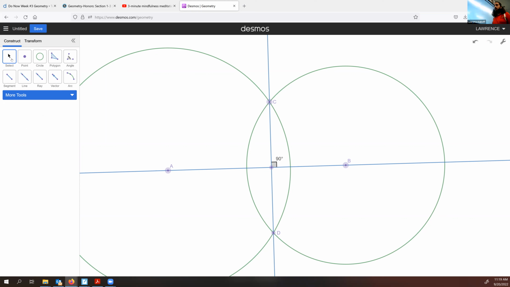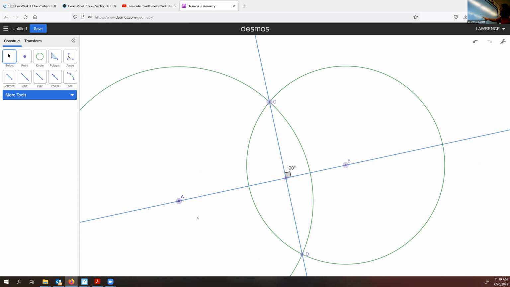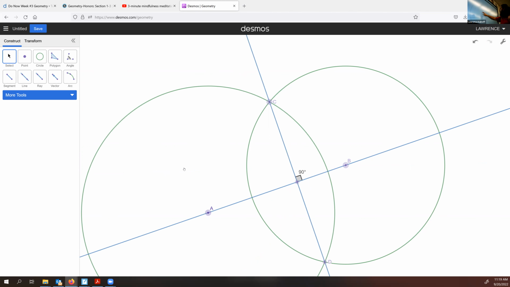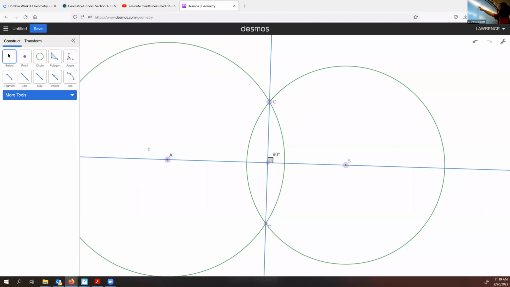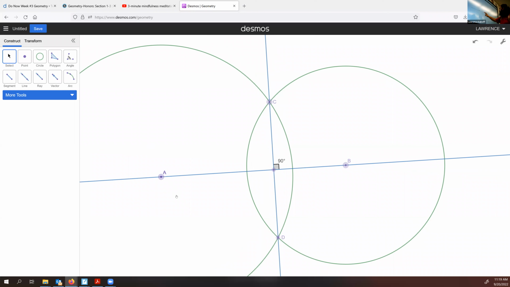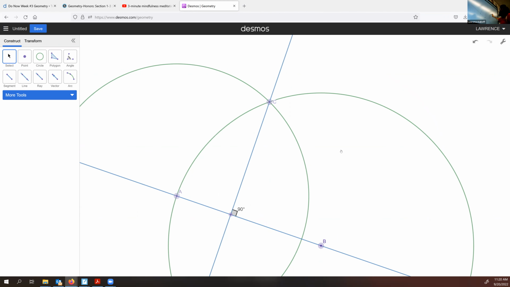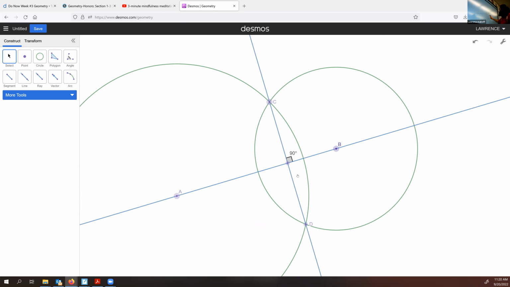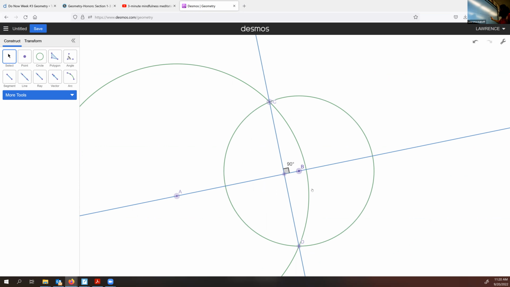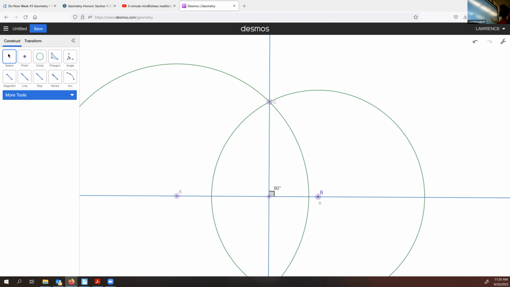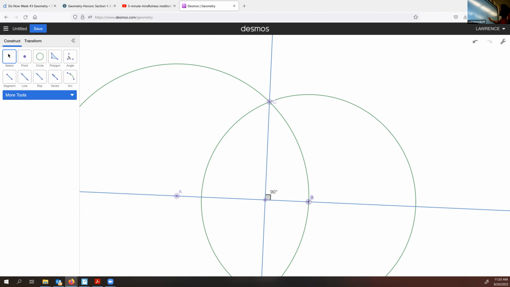Now, how do I know I did this right besides seeing that? Again, as I move point A, no matter how and where I move it to, I keep that right angle. Same with point B. Again, I can move it, I can bring it closer. It's a little choppy. Sorry about that.